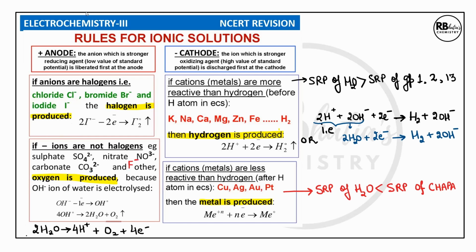So in halide ions and water comparison, it is halide ions which are preferentially oxidized, but for oxo anions and water comparison, it is water that gets preferentially oxidized.